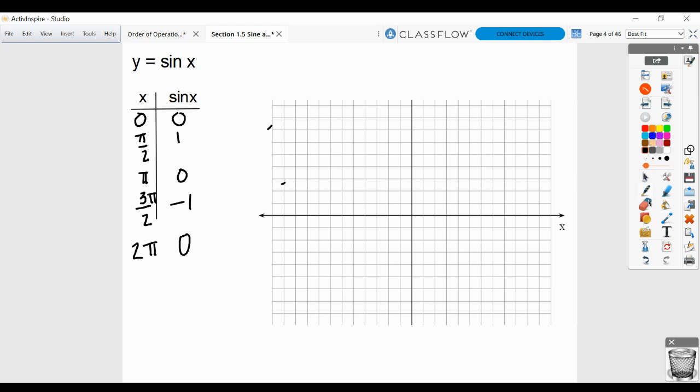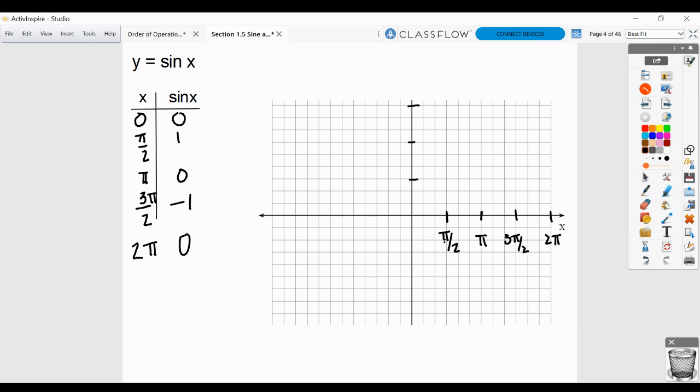So whenever you go to graph these, one thing to note, especially in these notes, is this graph paper is very small. So I like to use 3 boxes for 1 hash mark, just to make it bigger. And then each hash mark is going to be the x value. So this is 0, that's pi over 2, that's pi, 3 pi over 2, and then 2 pi.